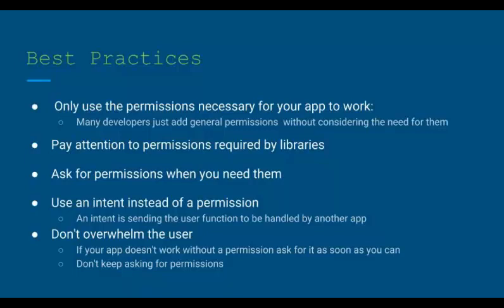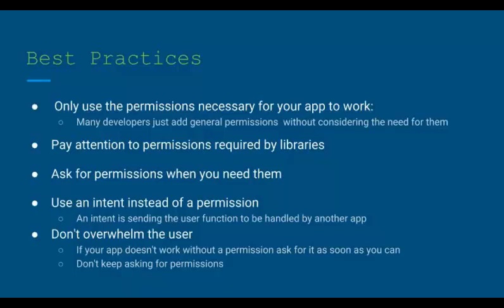Use intent instead of permission when you can. Firstly, what's an intent? An intent is sending the function to another app to handle it. For example, if you want to take a picture, instead of implementing the camera inside your app and asking permission for the camera, just send it to the default camera app to be handled there.